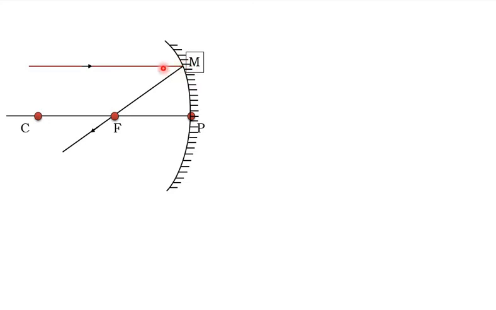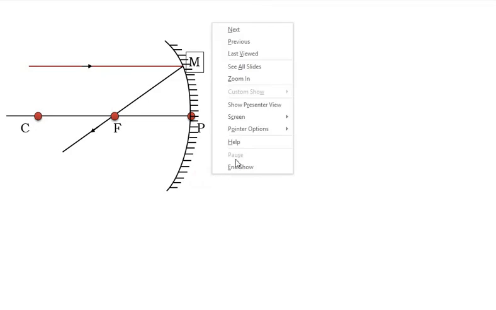For paraxial rays, this is a very important property, that all the angles involved are very small. So if the angle is small, we can say that sine theta or tan theta or theta would be the same, right? So let us see how this happens.